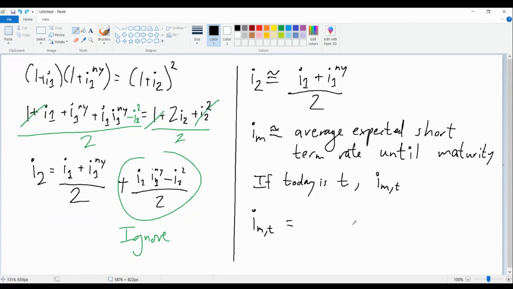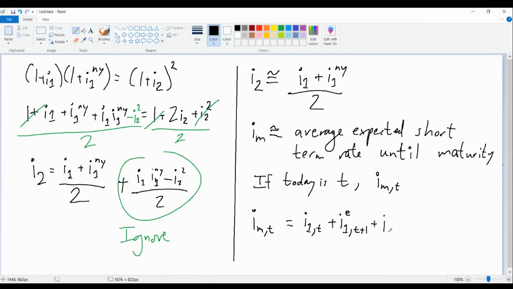So I is the interest rate today on a bond of maturity M, and that should equal the 1-year bond today, that's better, the 1-year bond that we expect next year, so that's date t plus 1. Let me put an E there so we know it's expected.